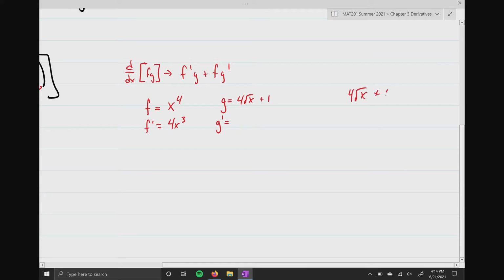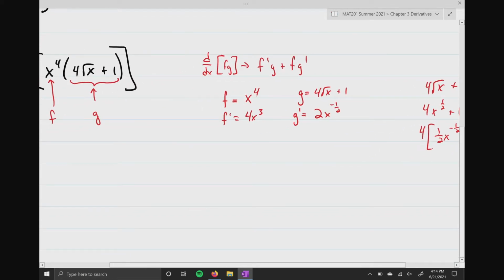Let me write it down here. You got to convert this into x to the 1/2 power. So when you go ahead and find this derivative, it's going to be 4 times 1/2 x to the negative 1/2 plus 0, or 2x to the negative 1/2. Okay?